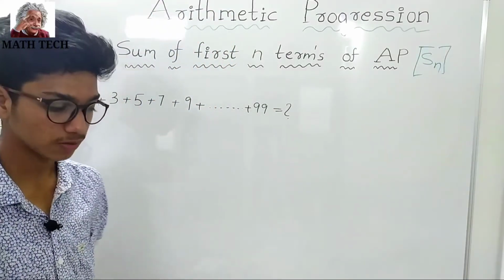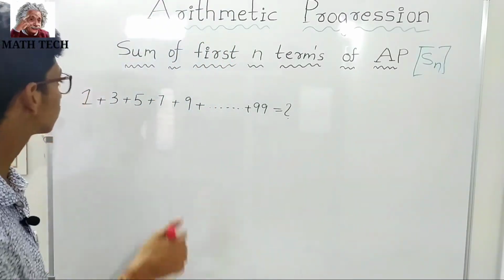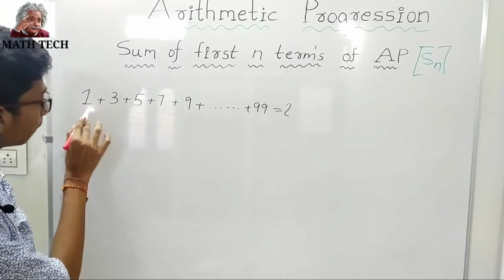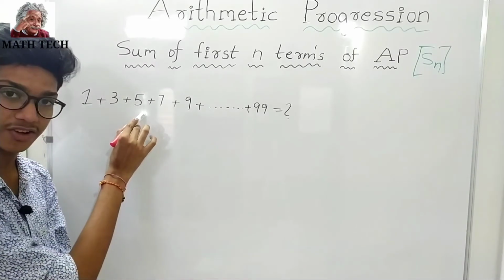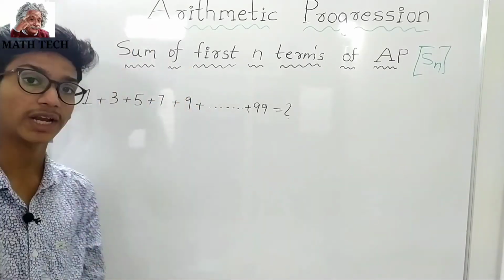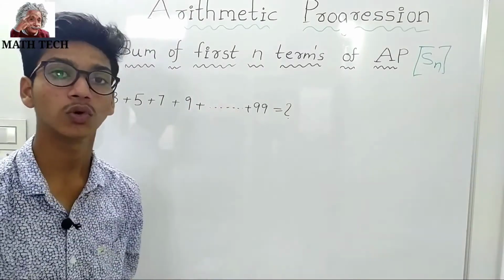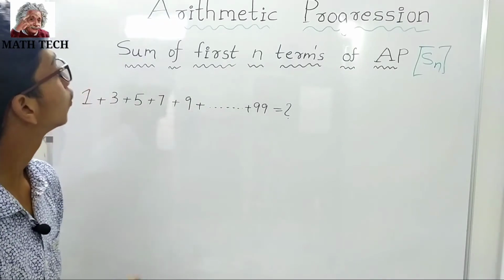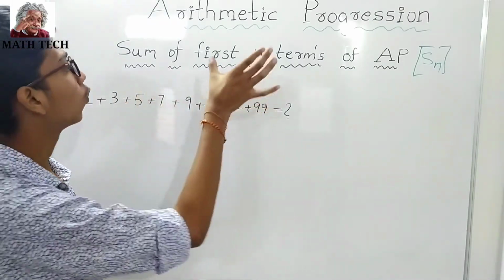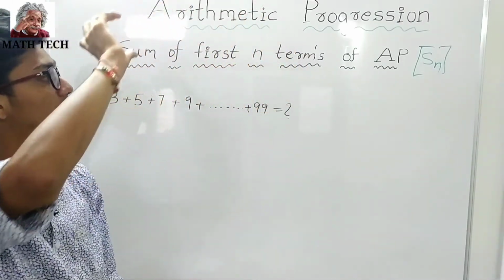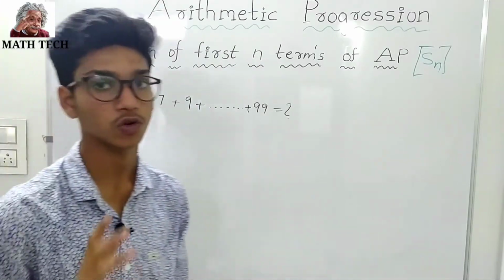A situation given before us is to find 1 plus 3 plus 5 plus 7 plus 9 up to 99. We don't keep on adding this up to 99, as it takes a lot of time. So to save time, let's find the formula for the sum of the first n terms of arithmetic progression.